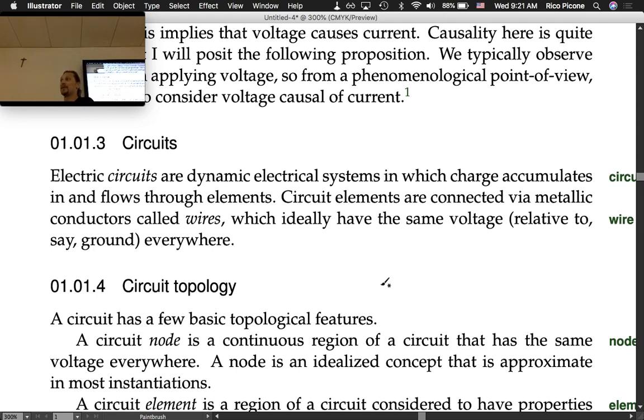Same voltage, of course, relative to ground. So we say that a wire is typically good enough to approximate a perfect conductor, okay? In reality, wires have a little bit of resistance to them, which we haven't actually talked about yet, but they aren't perfect conductors. They don't have the same voltage everywhere on them. If you get a very long wire, you start to notice effects from that, but typically they're negligible for short wires. So we'll often ignore it. But for power transmission over long distances, it starts to become an issue, so you have to take it into account.